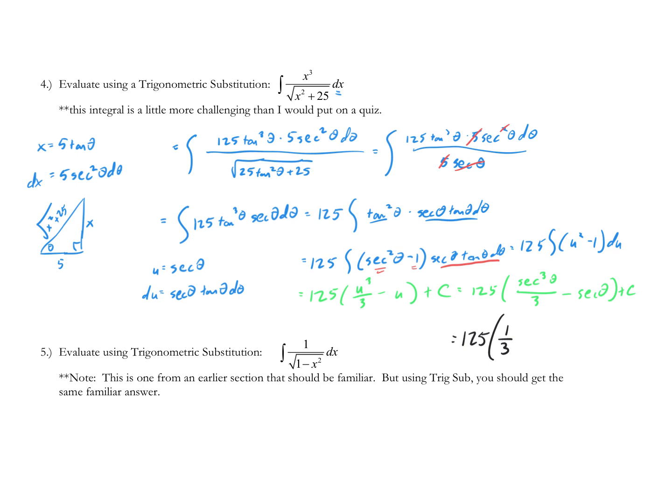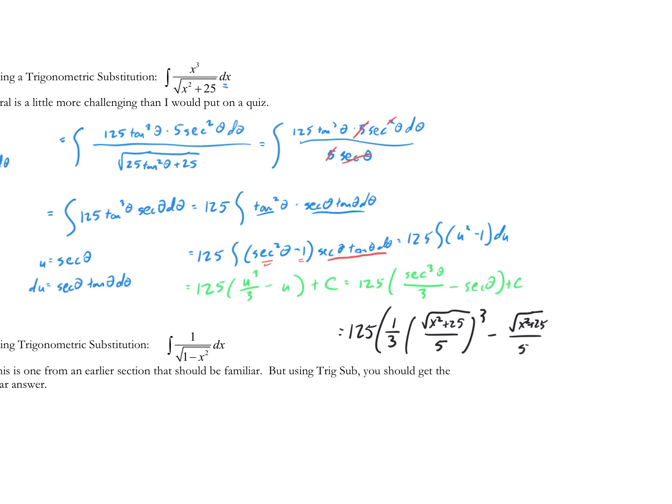So when we write down our answer here, this is 125, and it's going to look messy, but that's okay. I'm going to break that 1/3 off so this looks less ugly, because my secant cubed of theta is the square root of x squared plus 25 over 5 to the 3rd power, minus the same thing, the square root of x squared plus 25 over 5 to the 1st power, close my parentheses, plus my constant c.